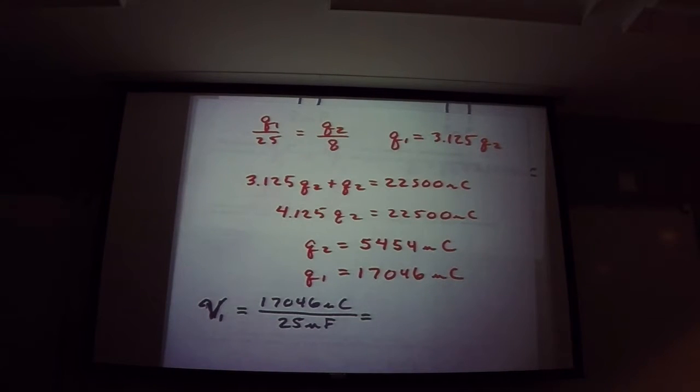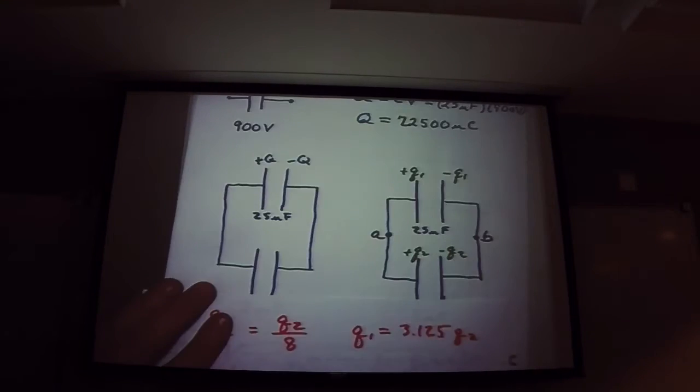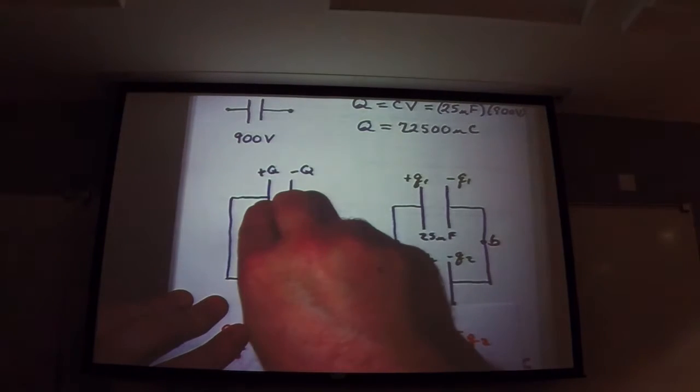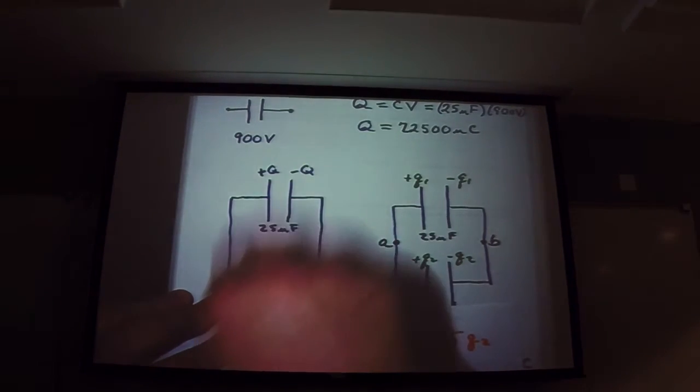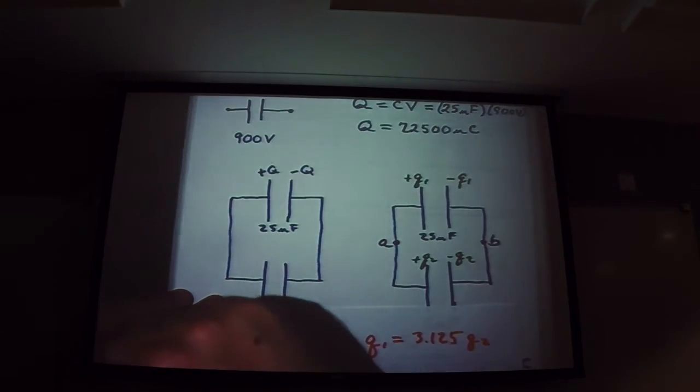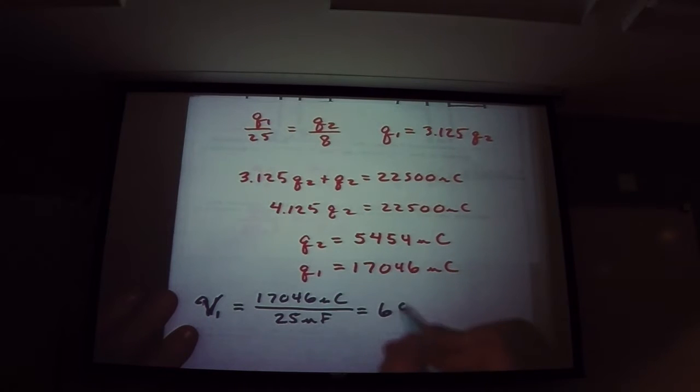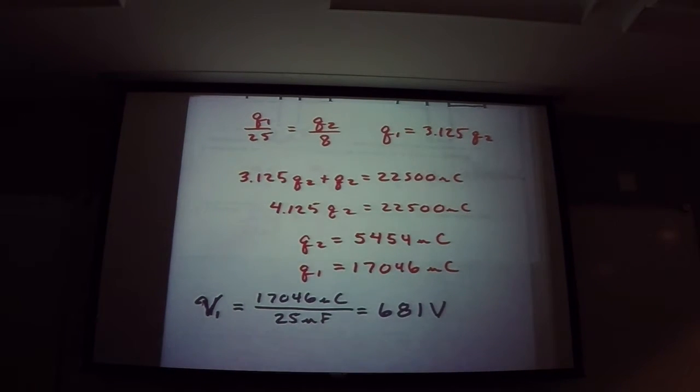Is it more or less than 900? Less. It has to be less, because this was 900 with all of that charge on it, and all of that charge is no longer on this. The voltage across must be less. 681. Do I have confirmation on 681? Yep. So my voltage is 681 volts.